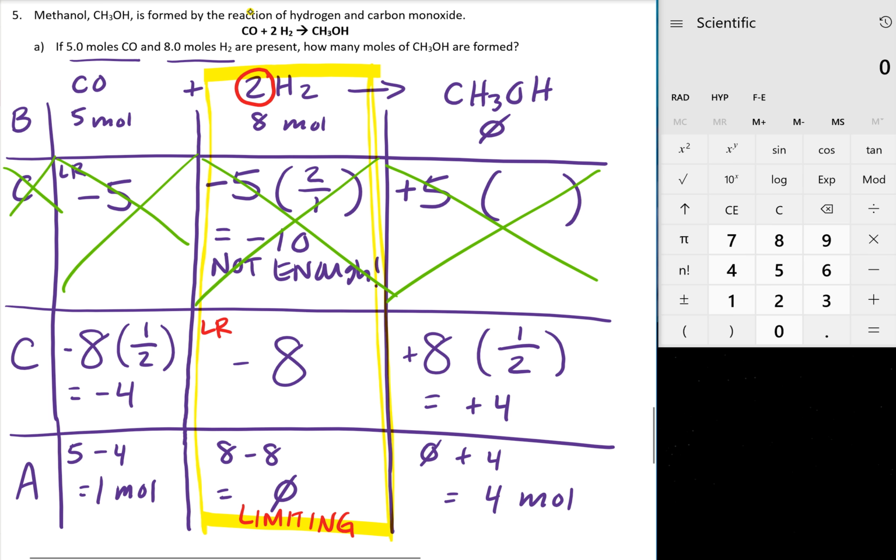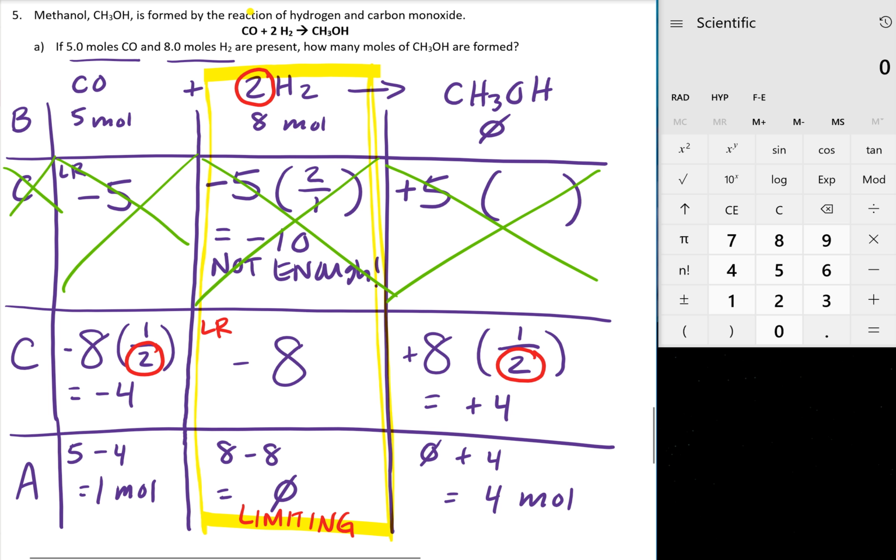We use the coefficient of 2 for hydrogen, because it's limiting, in the denominator of all the fractions, your mole ratios. So I want you to pick up your colored pencil, circle the coefficient of your limiting reactant hydrogen, and then circle the denominator of all your fractions. Just so for right now, as you're starting to practice this, you know that the coefficient of your limiting reactant is the denominator in all the fractions.